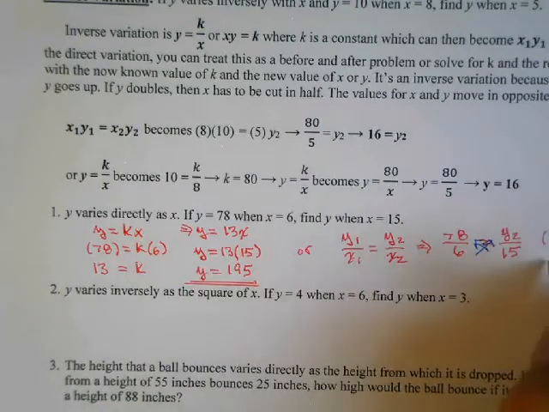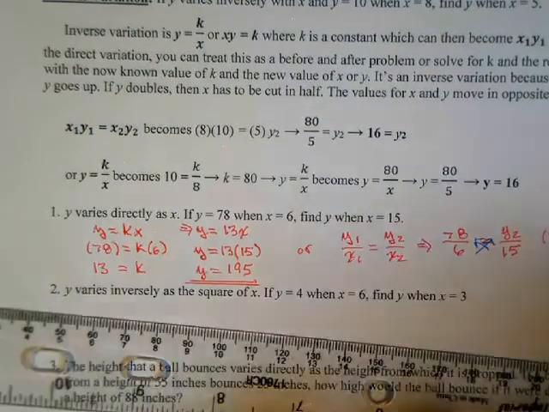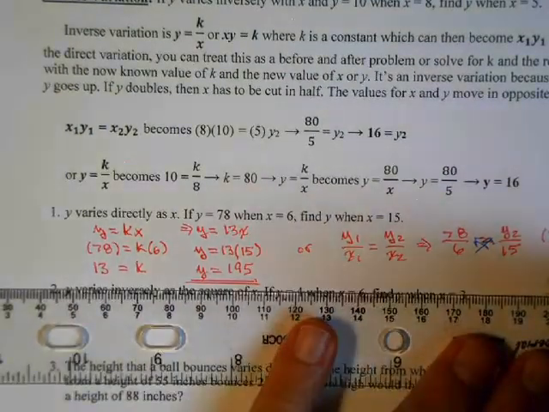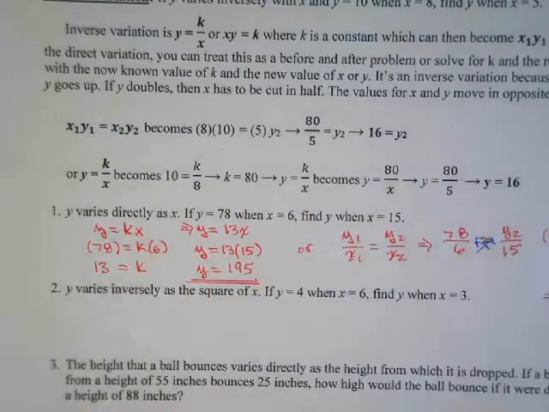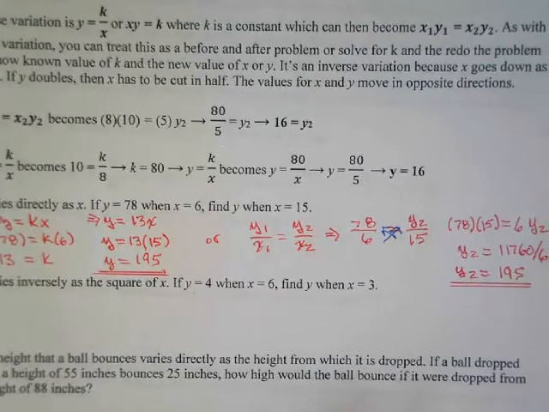So y2 is going to equal 78 times 15, which is 1170. Divide by the 6, and y2 equals 195. Same thing we got before. So you see that I'm off screen, so let me go ahead and move it over so that you can see everything.